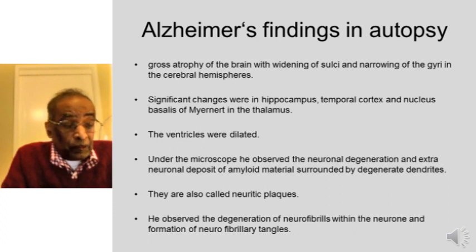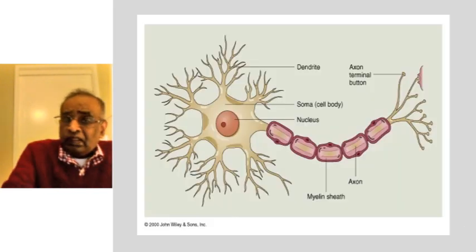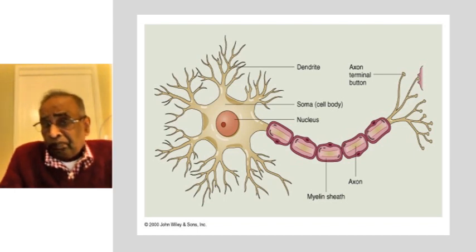Under the microscope, he observed neuronal degeneration. This is a structure of a normal neuron, showing the nucleus, the cell body, the axon terminal, and dendrites.